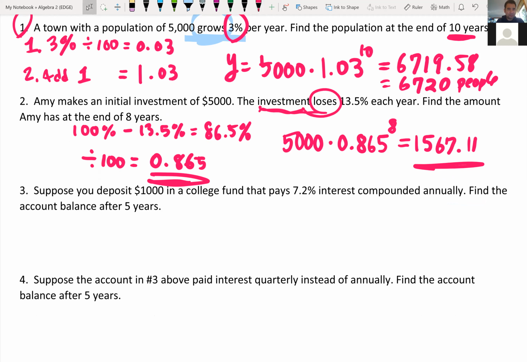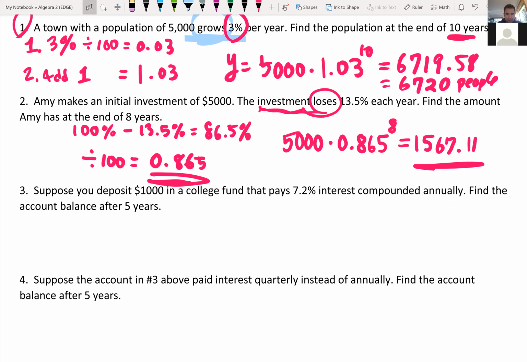Okay, number 3. Is everybody with me? Number 3. Let's give 1 minute to begin with. Now, number 3 and number 4 go together.